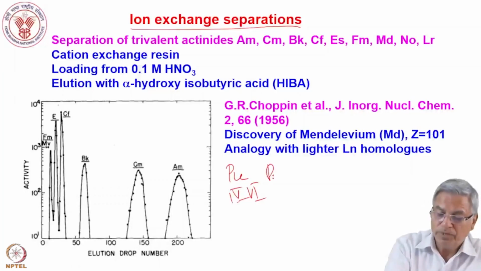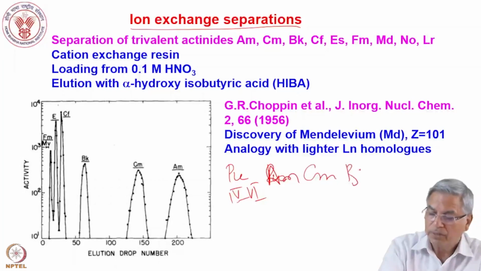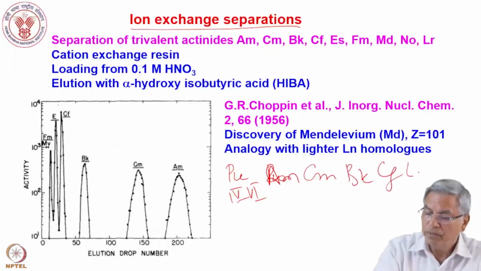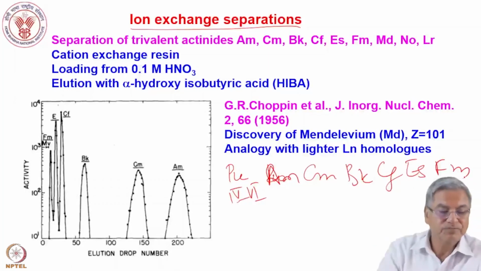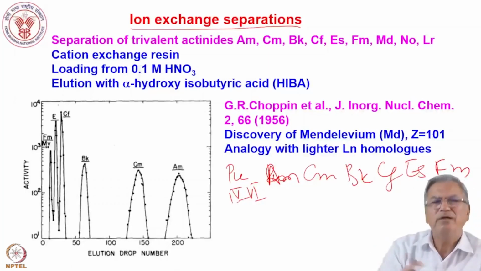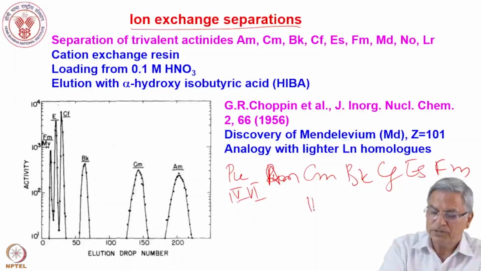After plutonium come americium, curium, berkelium, californium, einsteinium, fermium, and other elements. All of these elements are present in the +3 state, and are called actinides.